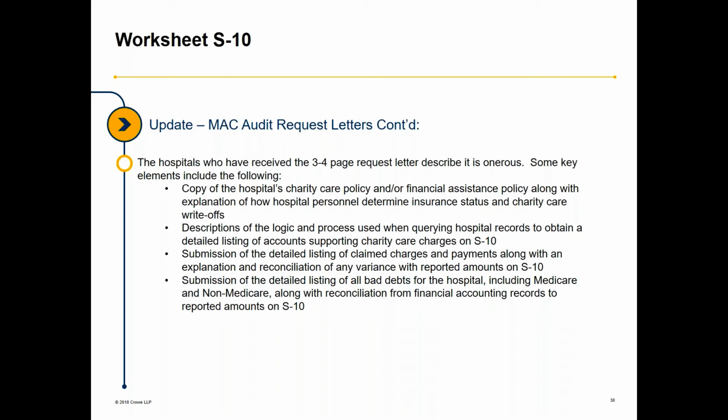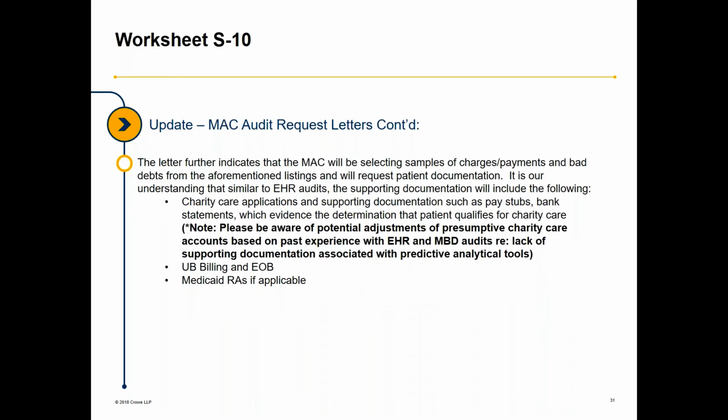Submission of a detailed listing of claim charges is another thing that's being asked for, as well as a detailed listing of all bad debts for the hospitals, including Medicare and non-Medicare. These are just a few of the things being asked. There's a lot of information in just these 4 bullets.